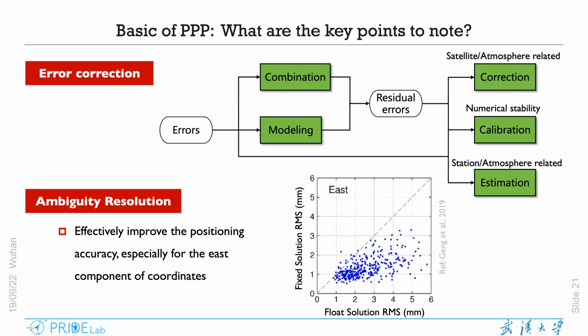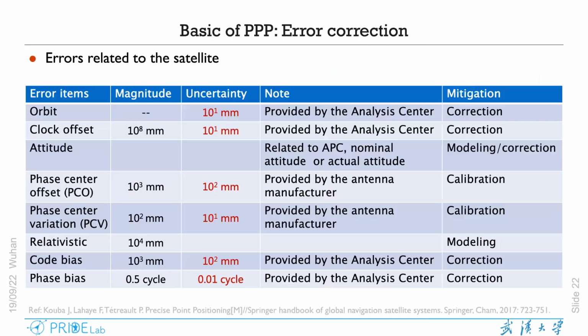But if you have only a single station, you don't have this differencing capability, and you have to tolerate some errors being absorbed into the ambiguities. So the ambiguities from PPP can hardly be resolved, or fixed to an integer, because of the phase biases. So we have to find some way to overcome this difficulty.